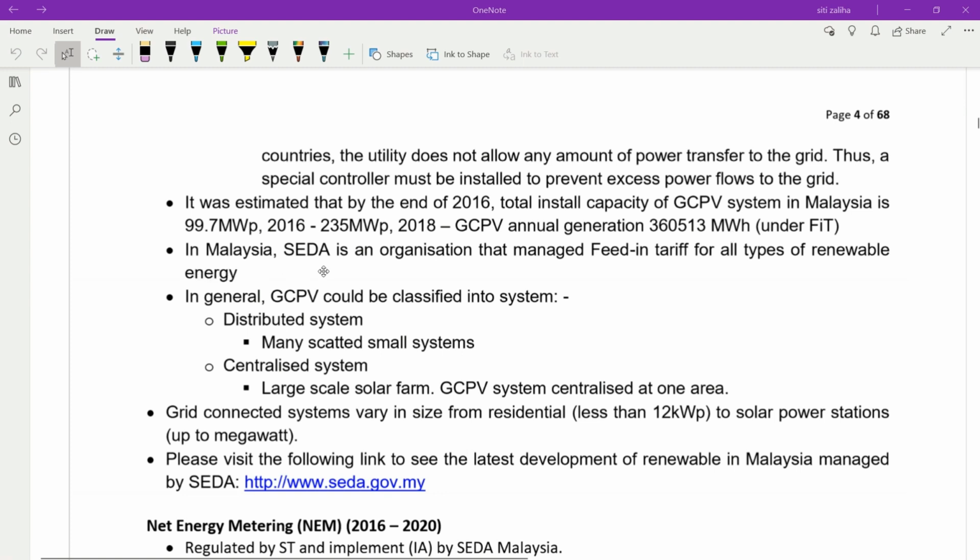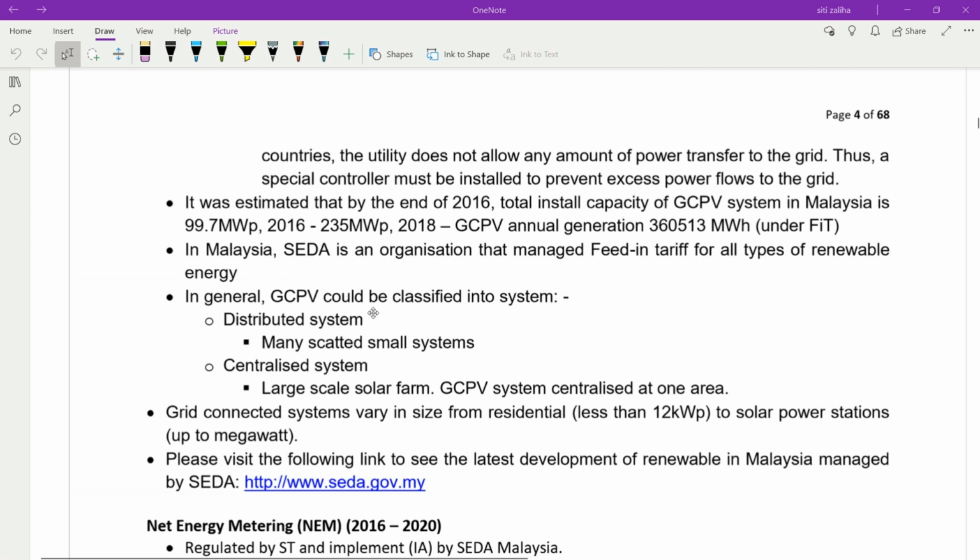In Malaysia, SEDA, the Sustainable Energy Development Authority, is an organisation that manages feed-in tariff for all types of renewable energy. It includes biomass, biogas, hydro system, and the PV system.